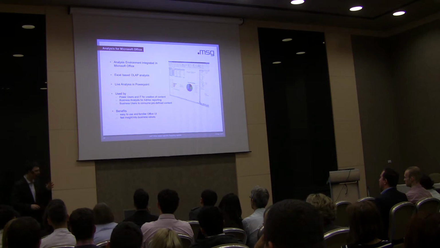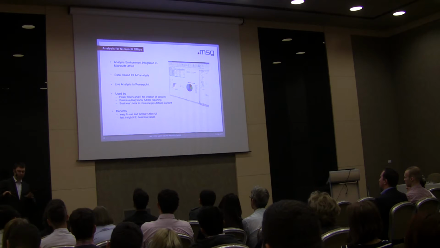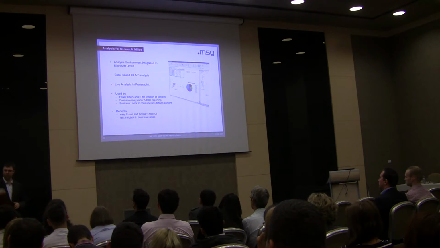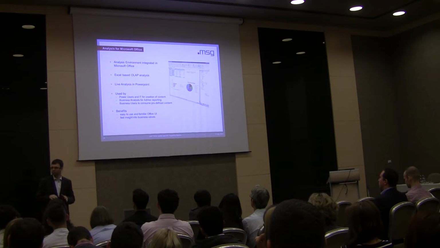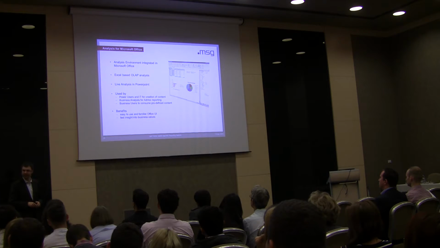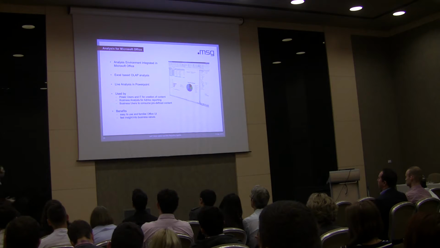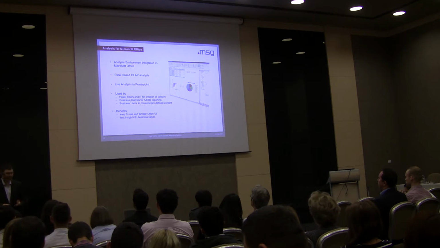With this, it is possible that you just create the HANA views behind that, and then say, okay, you as a power user can connect to the database, take that HANA view, and make your own real-time reports within Excel, if you want to do that. The benefits, of course, are that it is really very easy to use, it is integrated in the familiar Office UI, and it gives a fast insight into the business values.